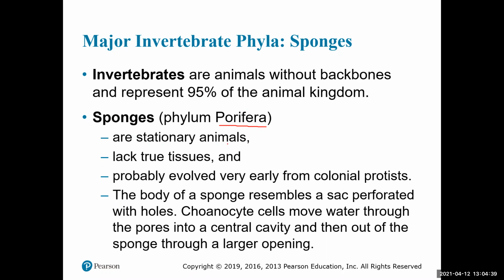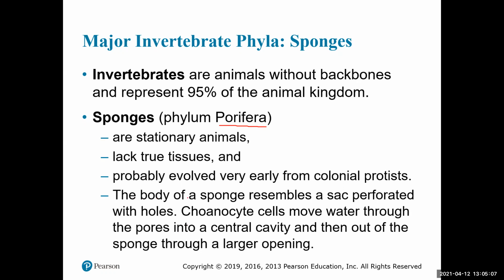So these are stationary animals. Like we said, they don't have true tissues, and we think they evolved from colonial protists. And we'll see the structure of sponges and how they really resemble those colonial hypothetical ancestors. And so basically a sponge, you can just think of a sack of cells that have a lot of holes in that sack, okay?